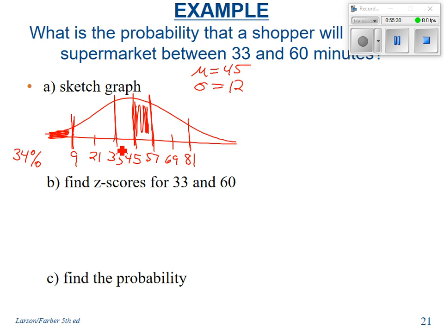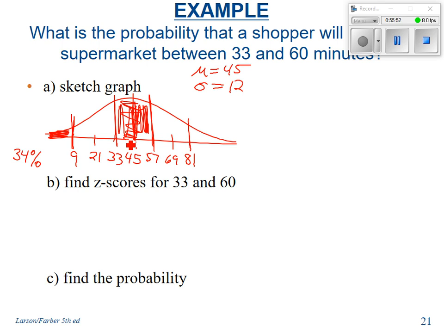What's the probability that they're going to be in the store in that range right there? 68%. All right? So start to remember that empirical rule: 68, 95, 99.7, is that right?